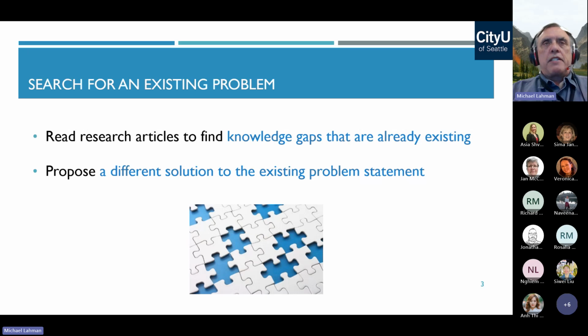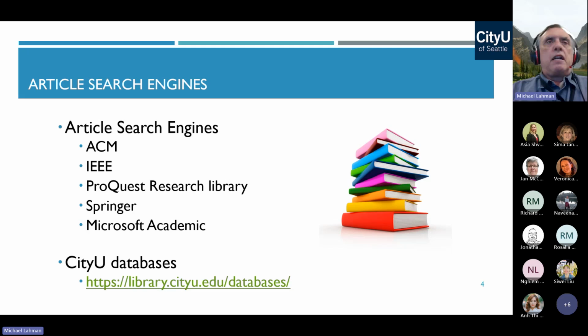The question always comes from the students: professor, where do I find this stuff? There are several places available for the student to look at research papers and things that have been done in the past.